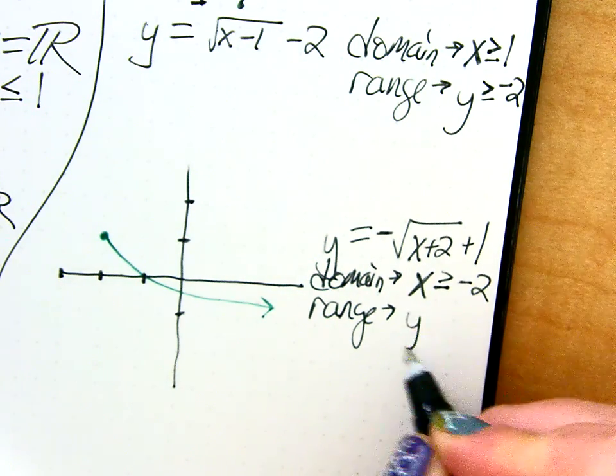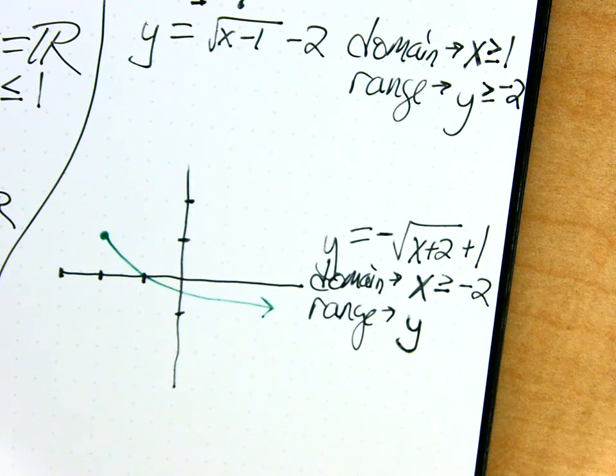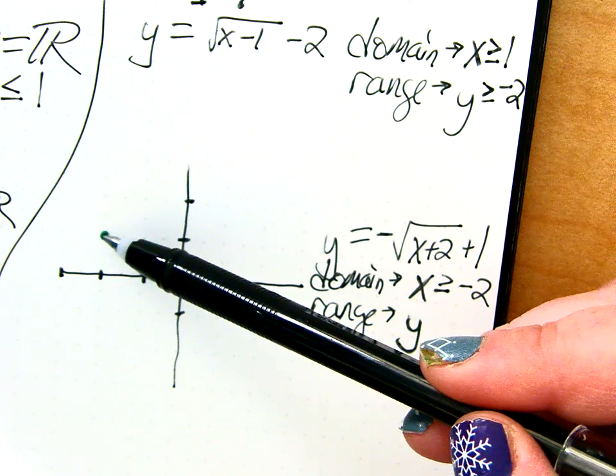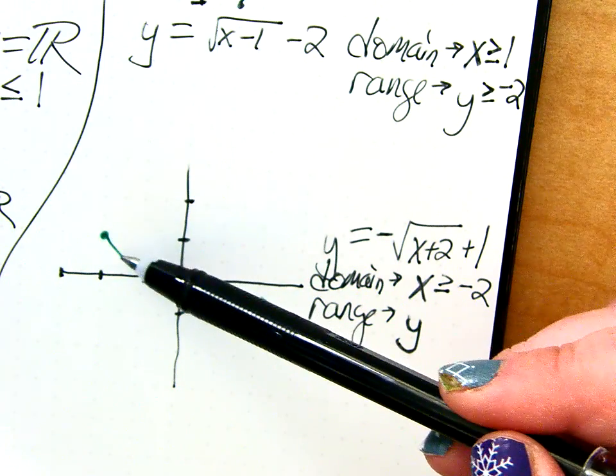And the range, y is going to be, careful on this one. Y will be, Alexandra? Look at your y values, right? The highest y value I have is 1. What other y values will I get out?